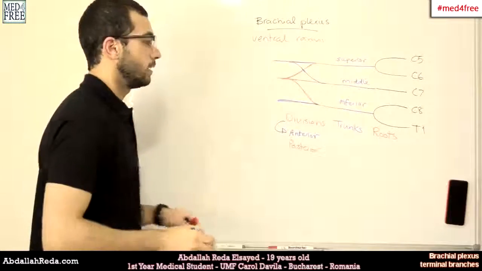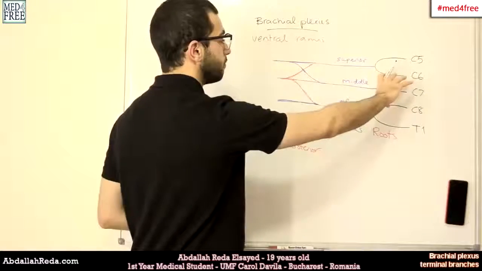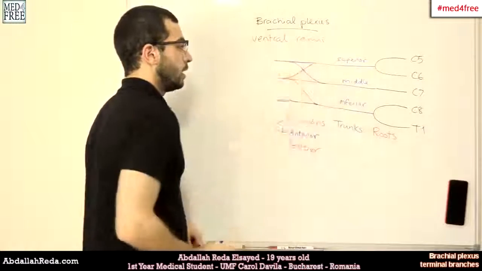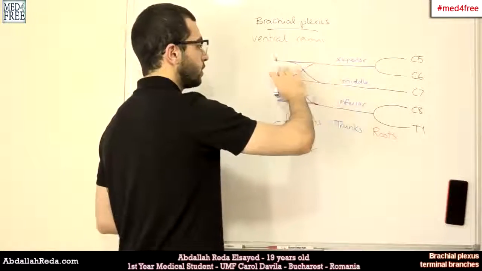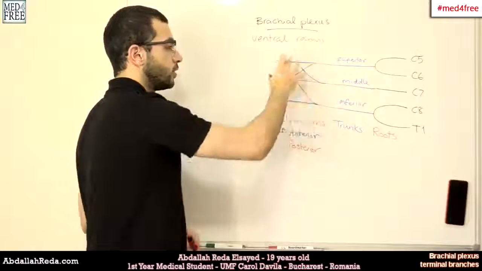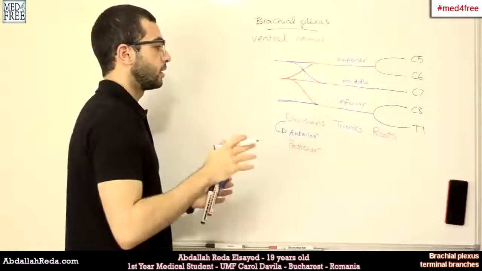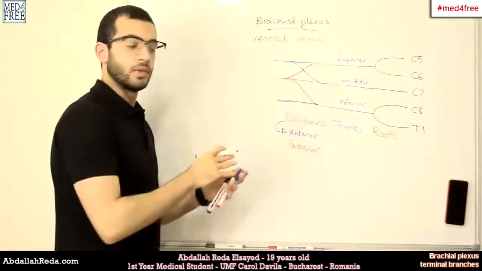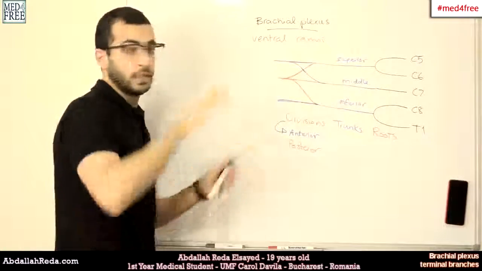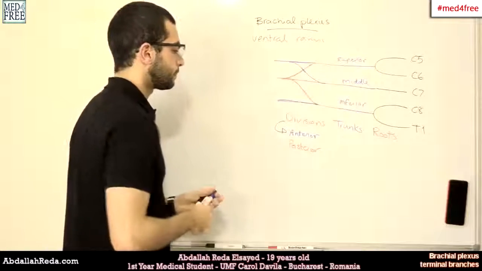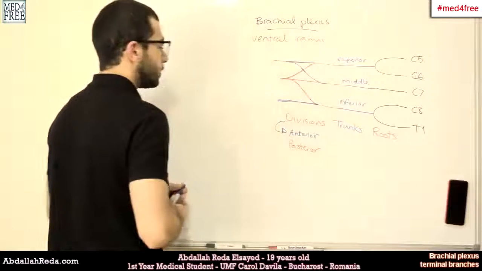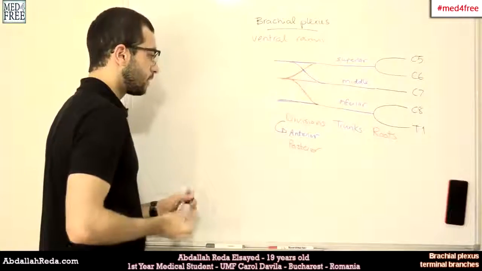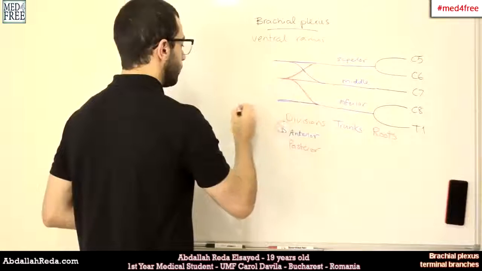What happens is that the axillary artery passes in the middle of the brachial plexus, and when it passes through this region, the ones of the anterior division will be anterior to the axillary artery, the ones posterior will be posterior to the axillary artery, or deep behind the axillary artery. And so these divisions will give chords.